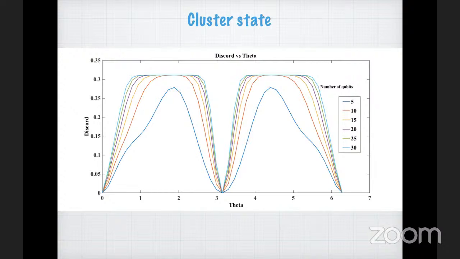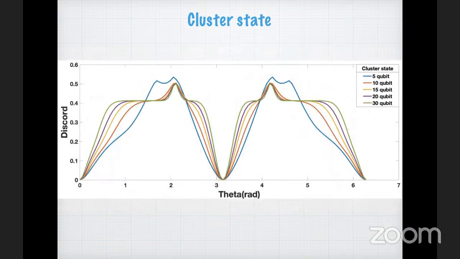So for any value of theta except 0, pi, and 2 pi, we are getting maximal discord. Okay. And we also computed a 3-qubit version of discord where we took one subsystem of 3 qubits and divided it into 1 versus 2 and computed discord, and it sort of follows a similar pattern.